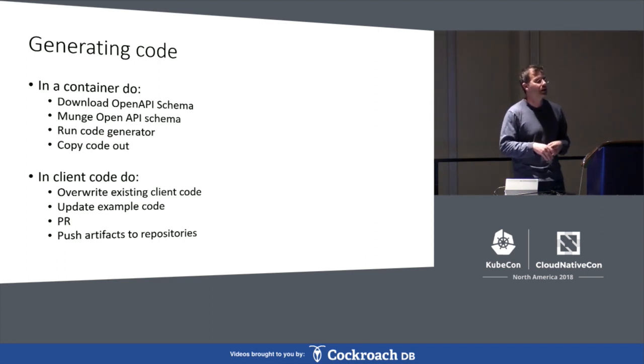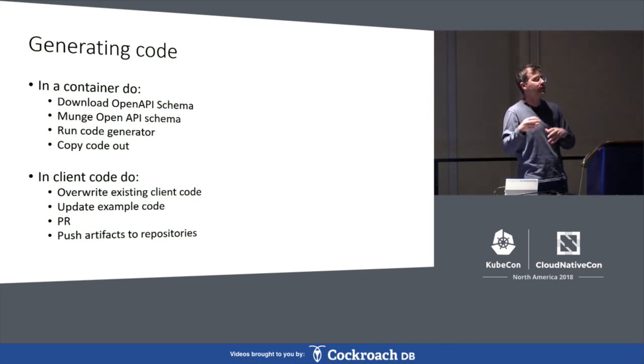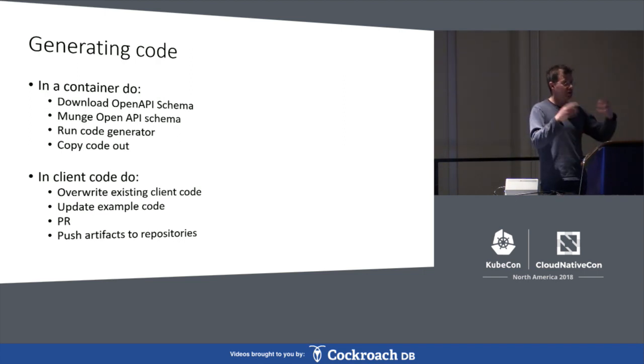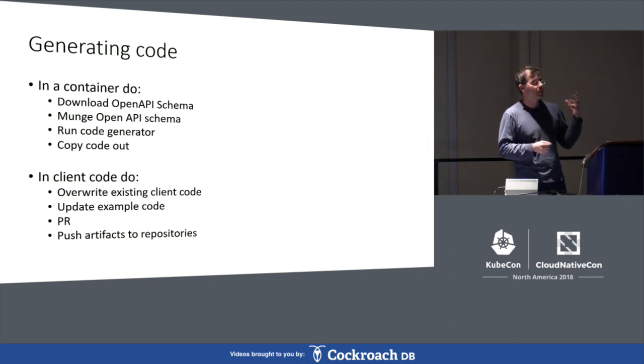In particular, it does some weird things with packaging of the various API groups that don't generate very idiomatic libraries when you don't do idiomatic packaging. So we munge that up. There's an additional amount of munging that happens to do some custom typing, and I'll talk about what I mean by custom typing in just a second.